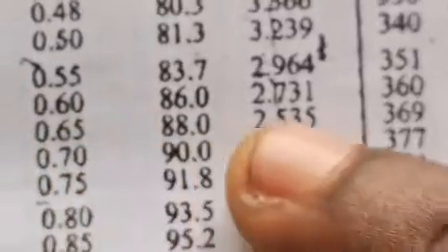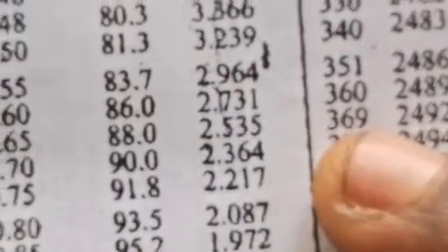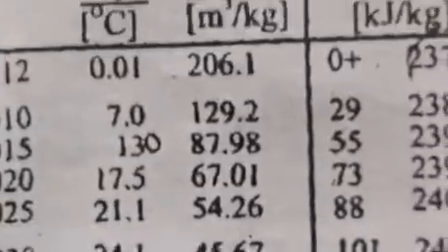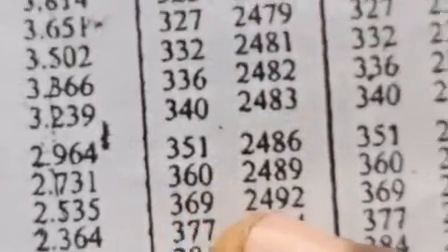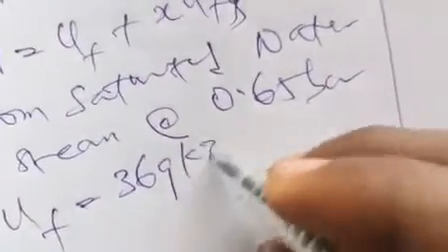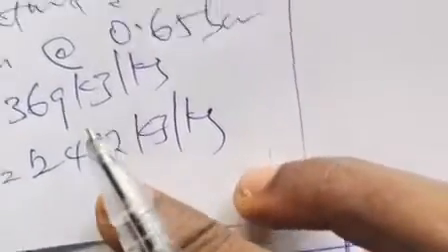So we need to obtain UF, which is 369, and UG is just next to it: 2492. So UF is simply 369 kilojoules per kilogram, and UG is 2492.